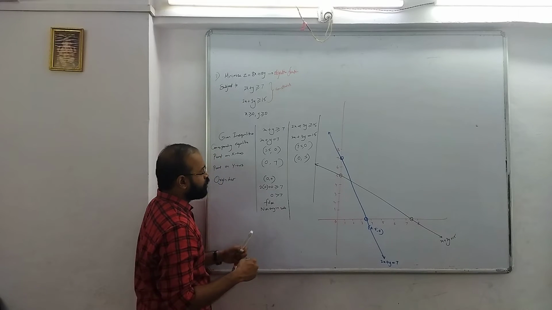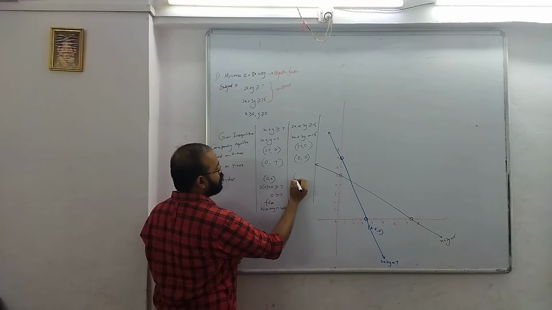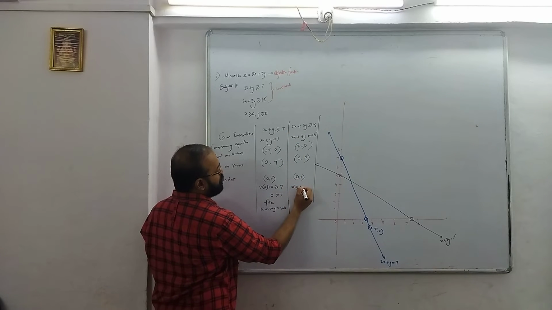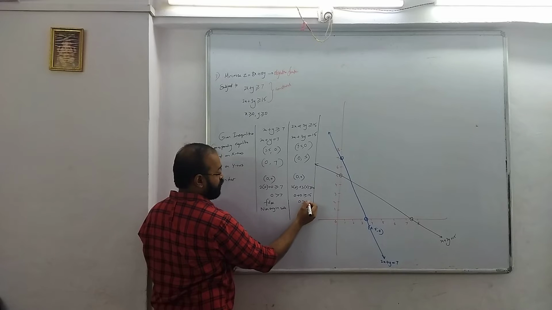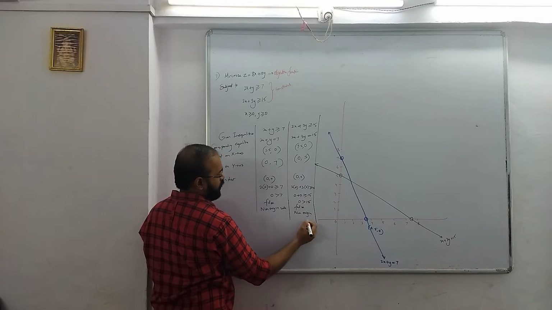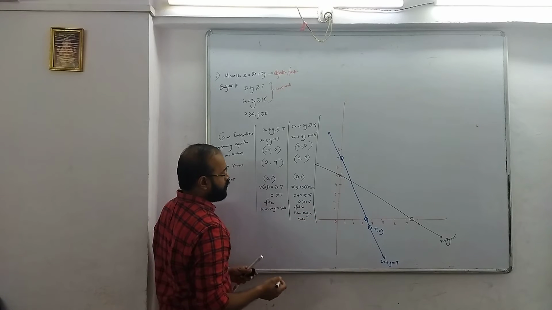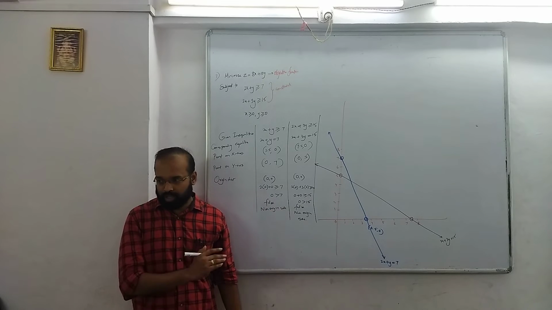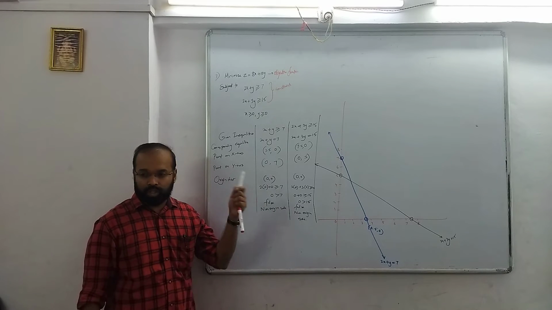Same way here also I will put 0, 0 in the equation. 2 into 0 plus 3 into 0 greater than or equal to 15. 0 plus 0 greater than or equal to 15. 0 greater than or equal to 15 is false. So we go to the non-origin side. If the condition is true, we go to the origin side. If the condition is false, we go to the non-origin side.